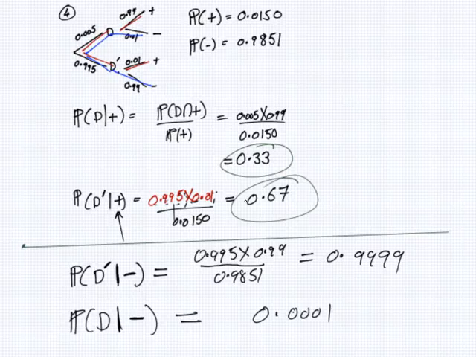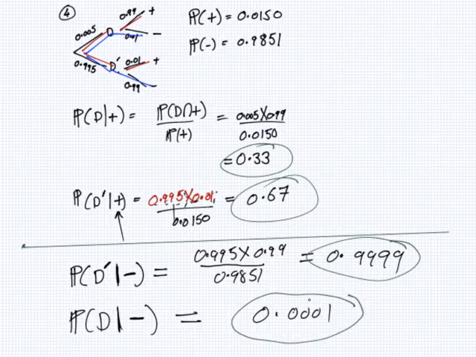But the situation is actually much better in the negative case. If a person gets a negative test result, what's the chance that they're not a drug user? Nearly 100%. If the person has a negative test result, what's the probability that they're actually a drug user in disguise? Nearly 0.